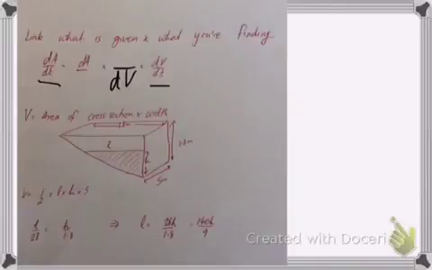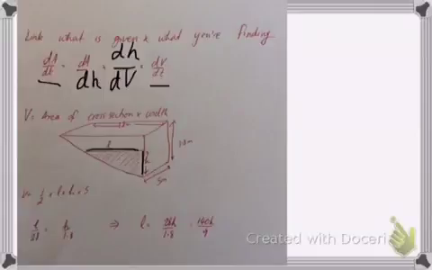What we can do is get volume in terms of height. So that's going to be our rule. Now this is the diagram that I've redrawn here for you. So that bit there is the length, this one is the length, and that's the height, and that's changing as the water is filling.